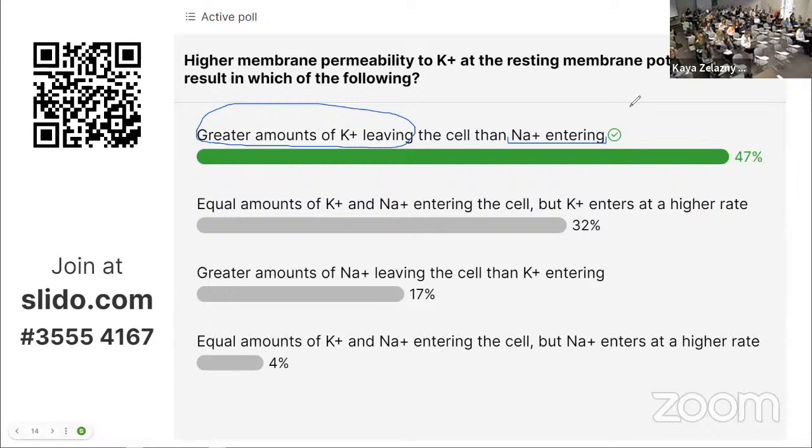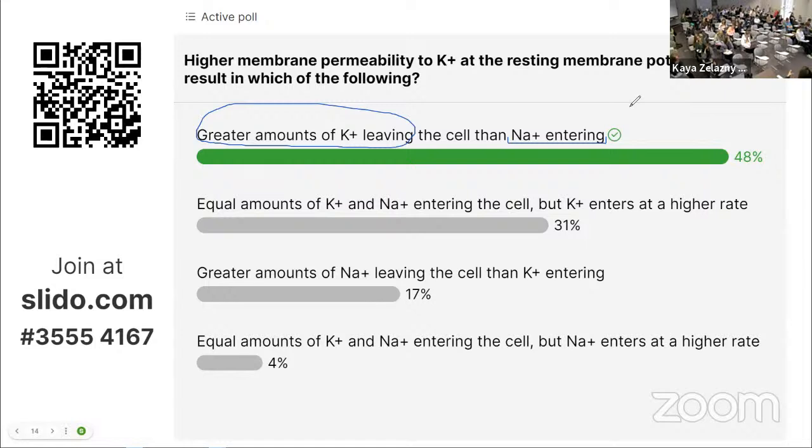Potassium is going to want to leave, and sodium wants to come in. The reason we have different amounts of movement is actually not because of the force on those ions, like its magnitude, its size, it has to do with that permeability.